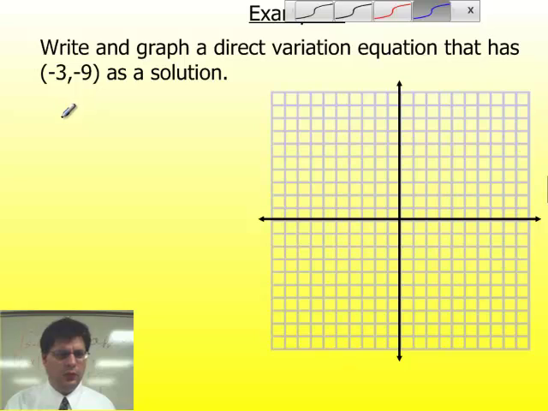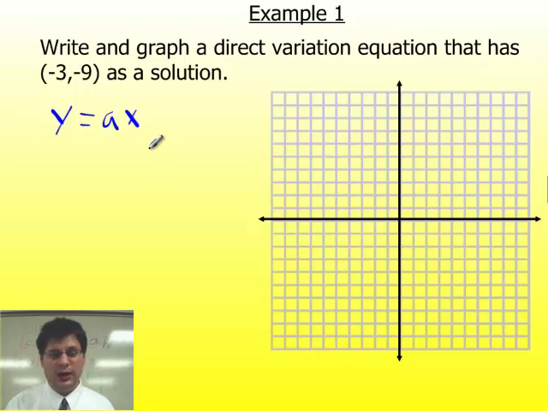So we said it's y equals ax, or y equals kx. Our x value here is -3, and our y value is -9. We need to know what a is. What is our constant of variation?